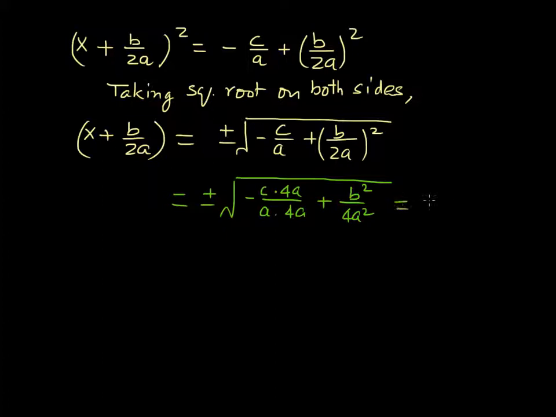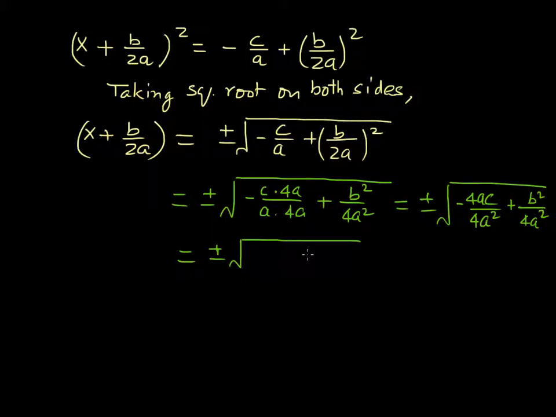So this will be equal to plus minus and then under root again. The first term will become minus 4ac upon 4a square, and the second term will be b square upon 4a square, right?